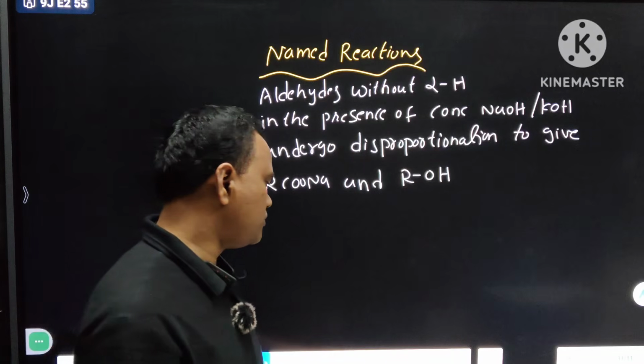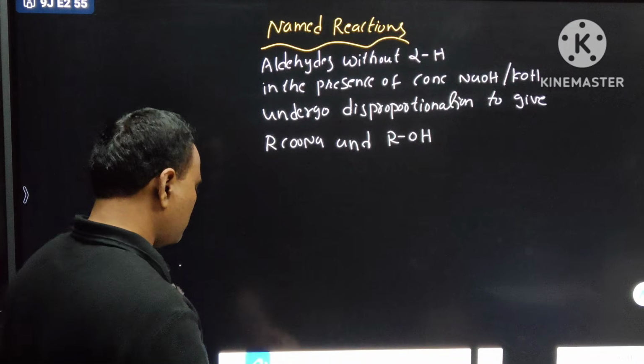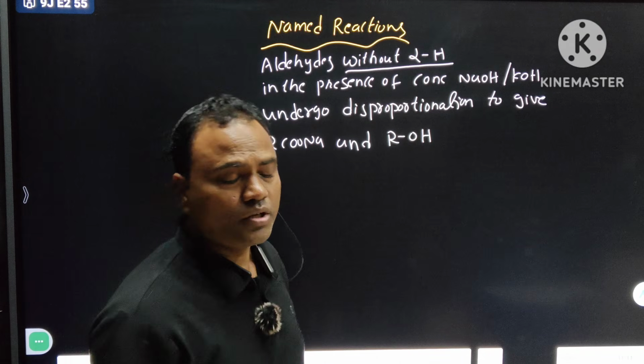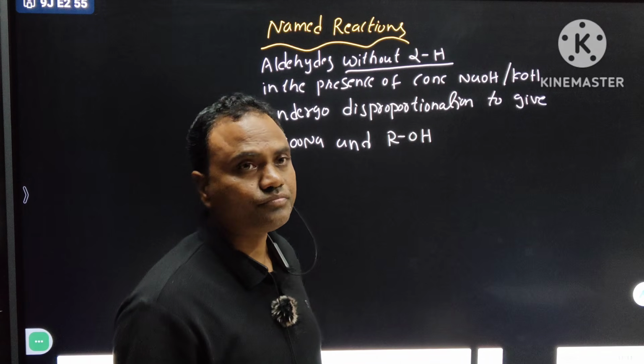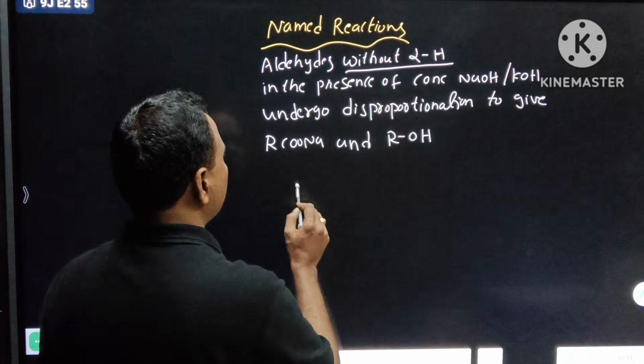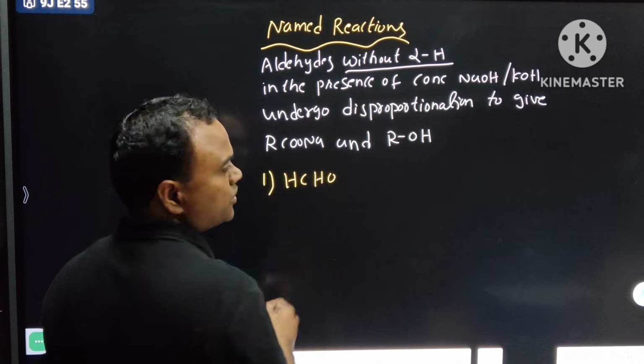So first of all, observe the definition. I mentioned one point: aldehydes without alpha hydrogen. Tell me, what does without alpha hydrogen mean? Look at this. Formaldehyde, names are also very important.